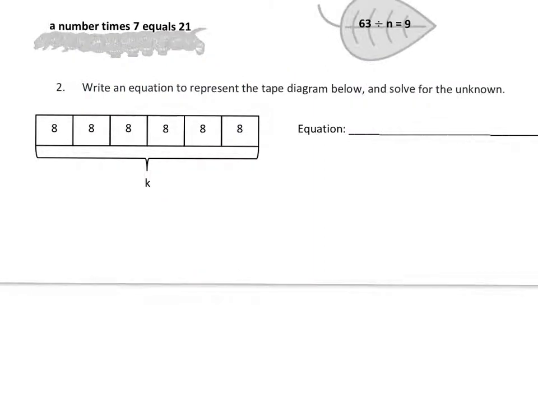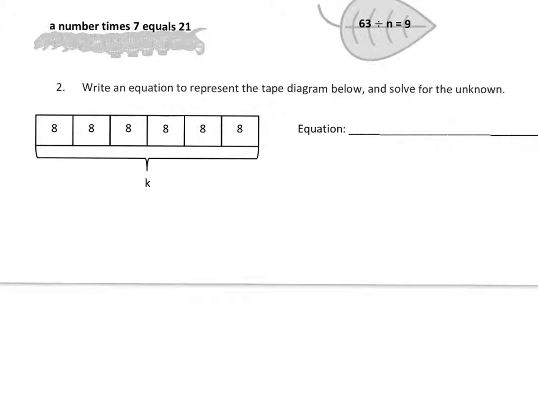So I want to jump right down here to number 2, which says to write an equation. Remember, an equation has to have an equal sign, so we're going to write an equation to represent the tape diagram below and solve for the unknown. First thing we need to do is find the equation. We have a tape diagram here, and there are 8 in each group.